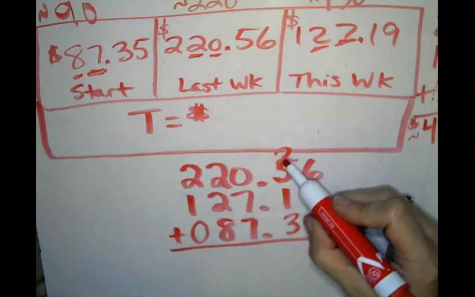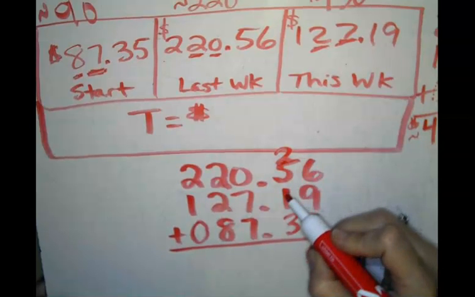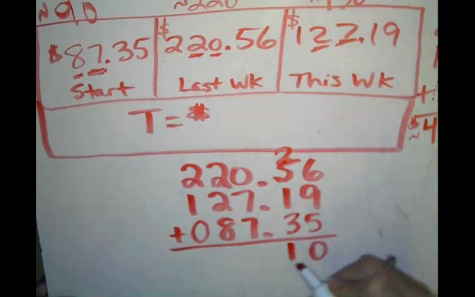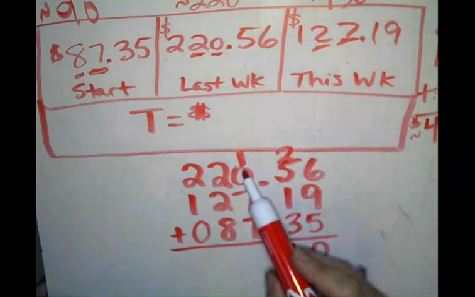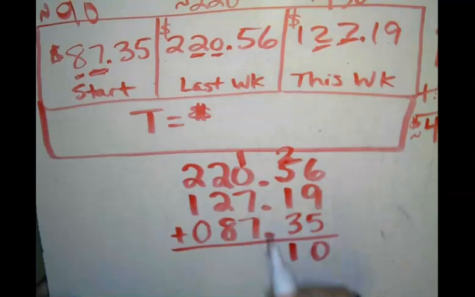Okay, now we have 2 plus 5, that's 7. 8, 9, 10, 11. We have 1 that we're carrying. 1 plus 0 is 1. 1 plus 7 is 8, and 8 plus 7 is 15.